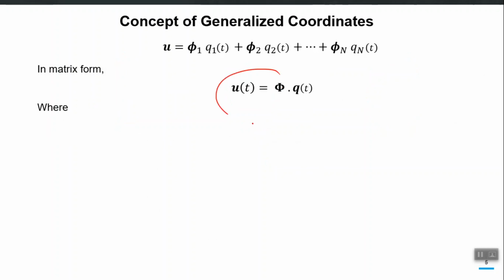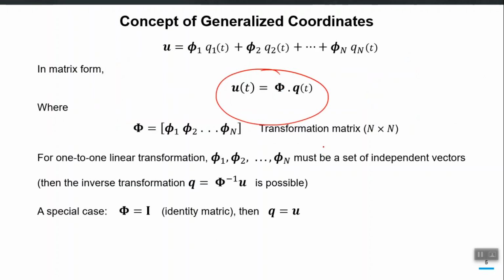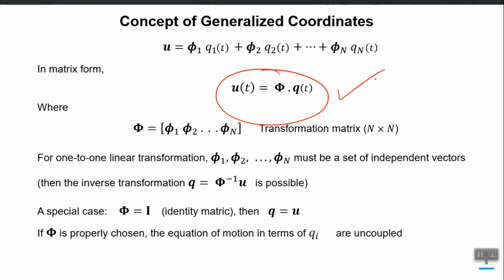So, this is our bottom line, our conversion equation, the concept of generalized coordinates. Phi is an n by n transformation matrix, and if we take our problem from u to q using this equation, solve it in q coordinates and bring it back to u coordinates, this will be a very simple case for us. We will see that in future.